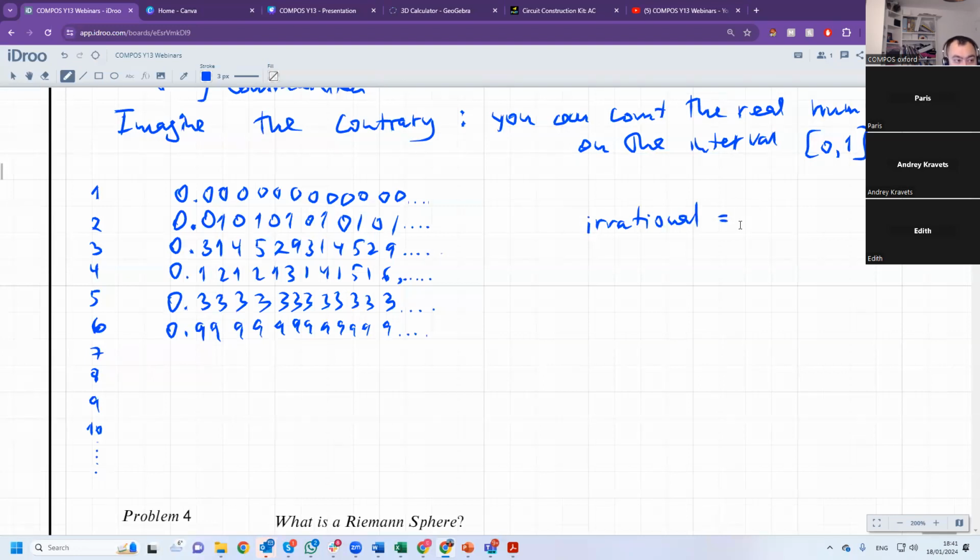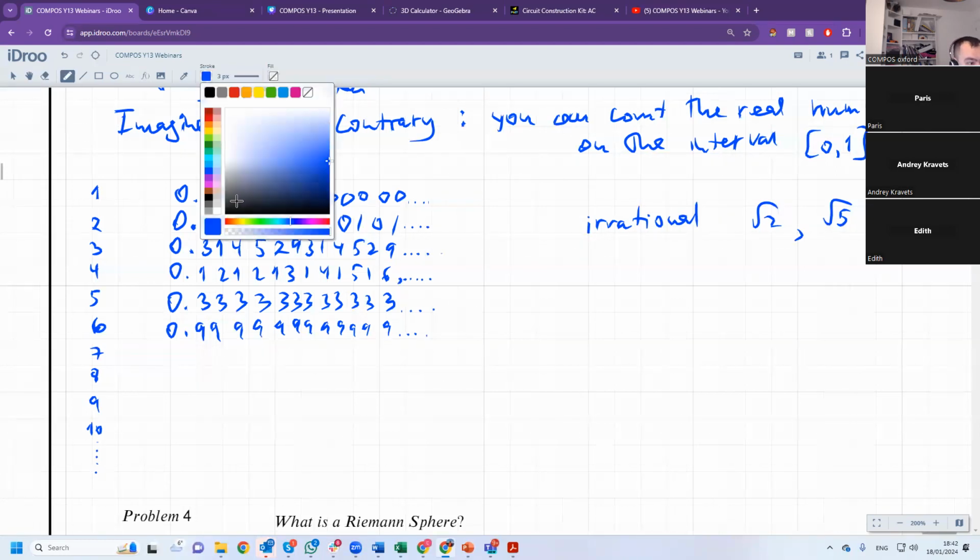For example, square root of 2, square root of 5, pi. They cannot be written as fractions.